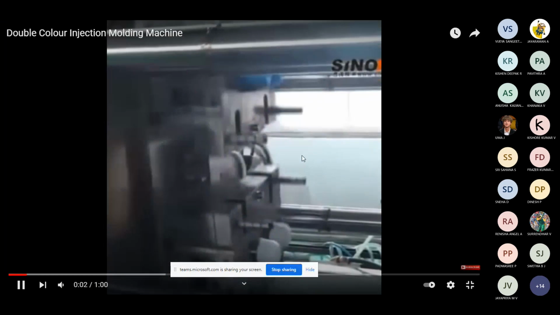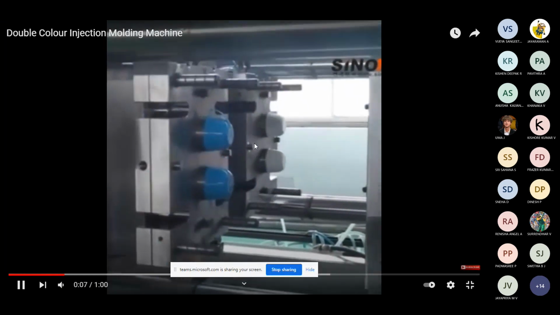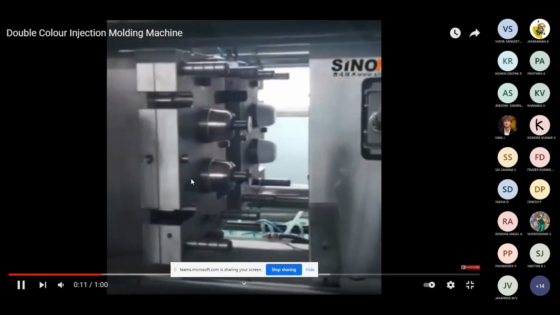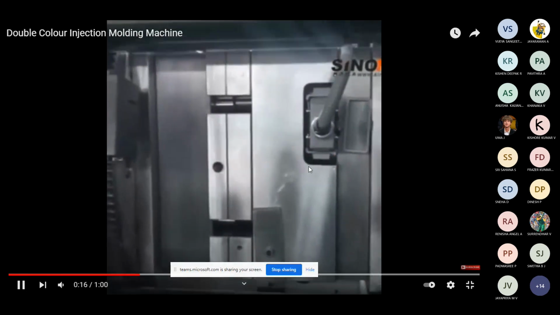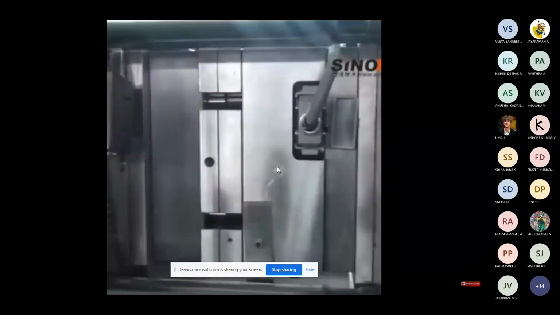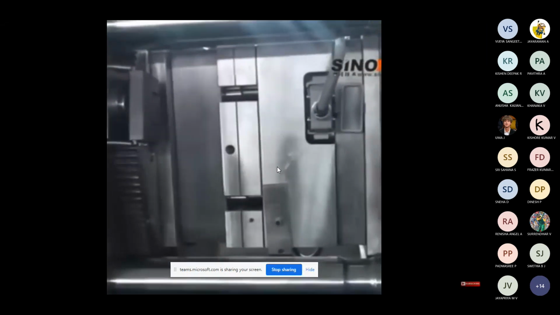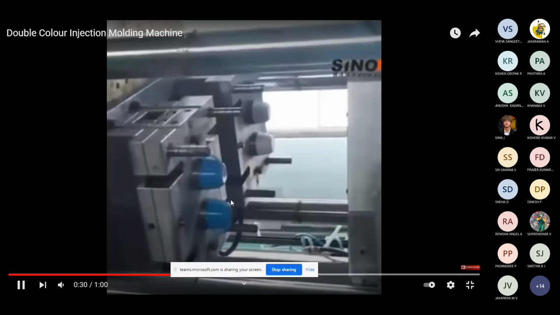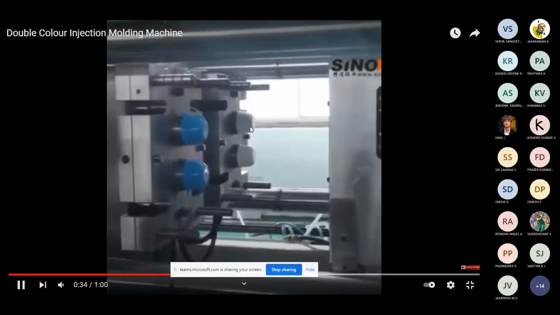So this type of mold is rotated. Then after that, the part is ejected from here. Now the part is ejected. The second material is how is that?